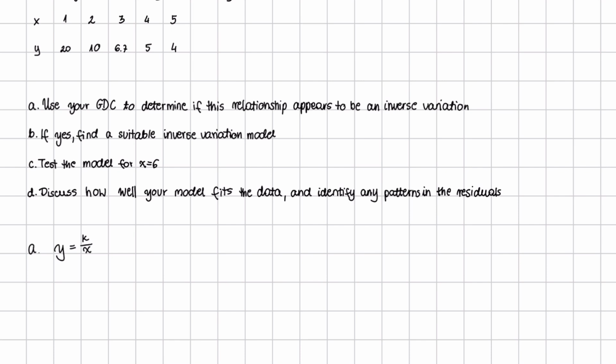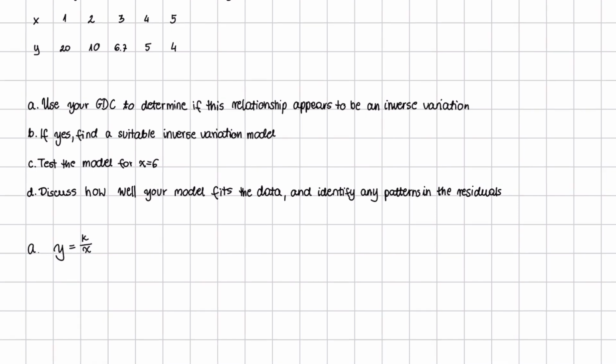So now we can try to solve for our constant by substituting x and y from a given pair. And also, to make it easier, we can multiply both sides by x. So we have x times y equals k. So our constant is just x times y.